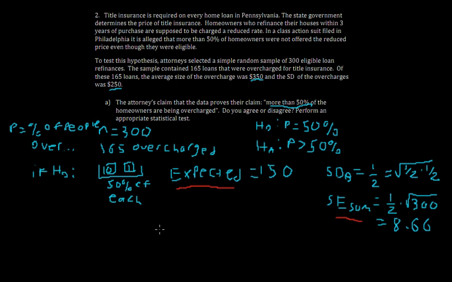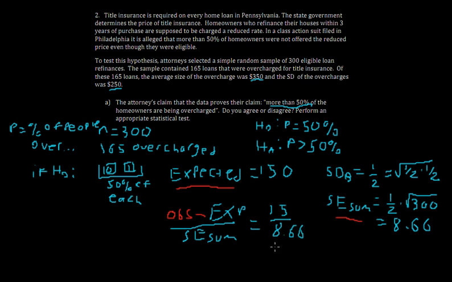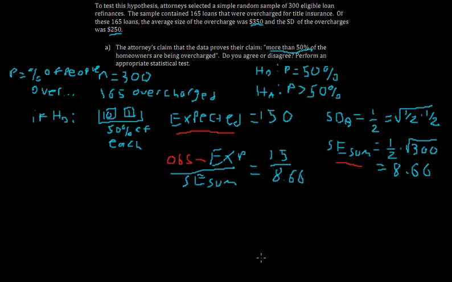So we say observed minus expected divided by the SE of the sum is equal to 15, because it's 165 minus 150, so it's 15, divided by 8.66, and this is equal to 1.73. So do we reject the null hypothesis, or do we stick with it?